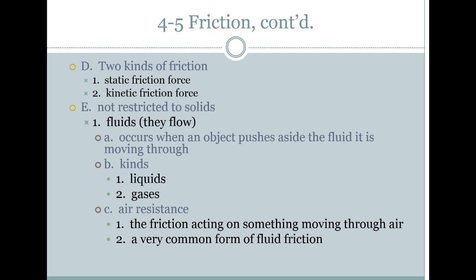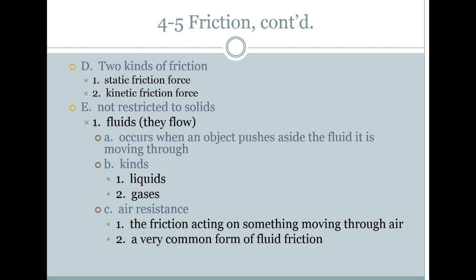Friction also occurs in liquids and gases. Both liquids and gases are called fluids because they flow. Fluid friction occurs as an object pushes aside the fluid it is moving through. Have you ever tried running a 100-meter dash through waist-deep water? The friction of liquids is appreciable, even at low speeds.